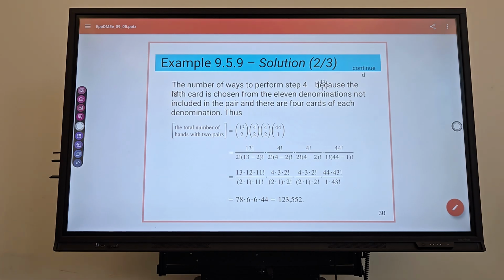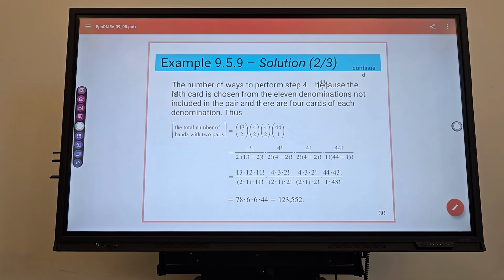Therefore, the total number of hands with 2 pairs is 13 choose 2 times 4 choose 2 times 4 choose 2 times 44 choose 1. Substitute that all out, do some canceling and multiplication, and you get 123,552 hands.